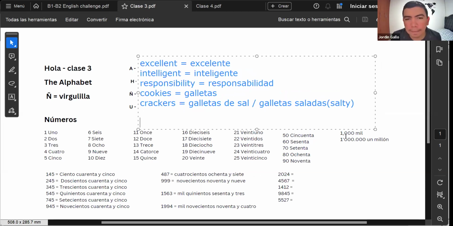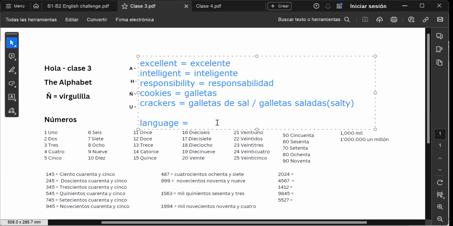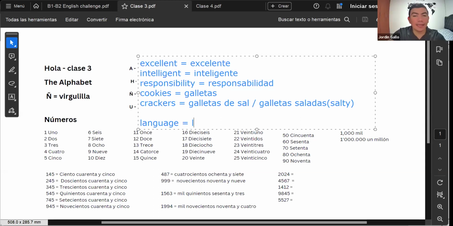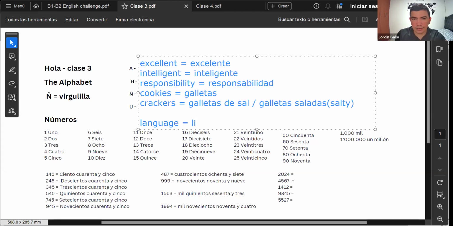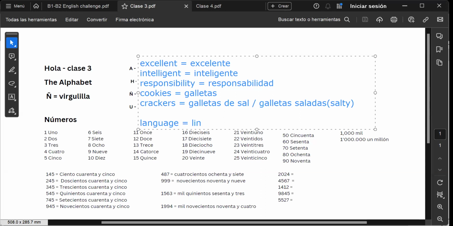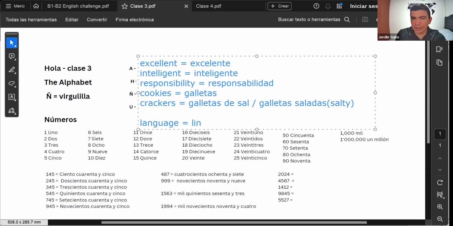And let's try with language. Who would like to spell this word for me, please? Language. Go ahead. L, A, N, G, U, A, G, E. Are you sure that would be E, the second letter?